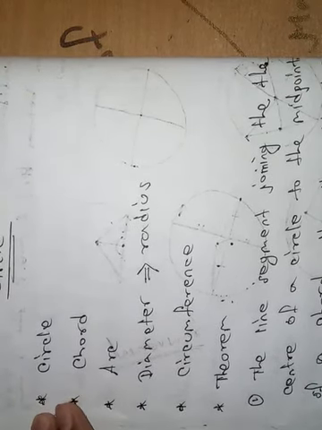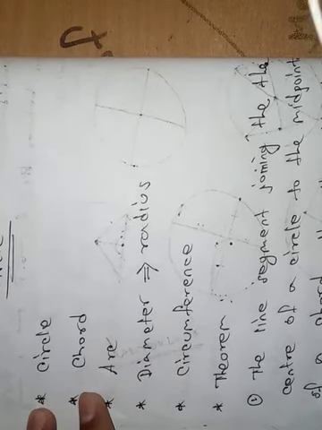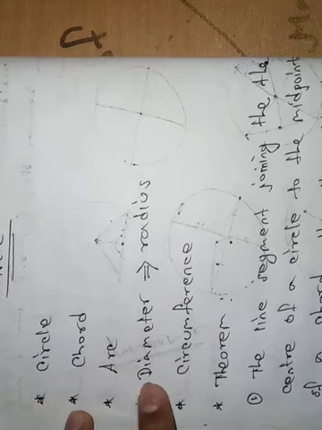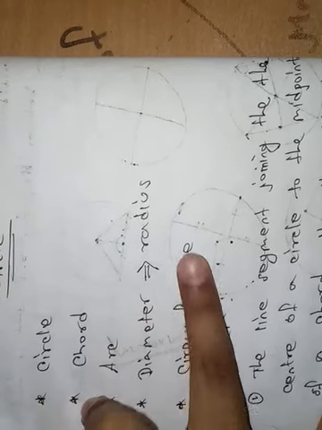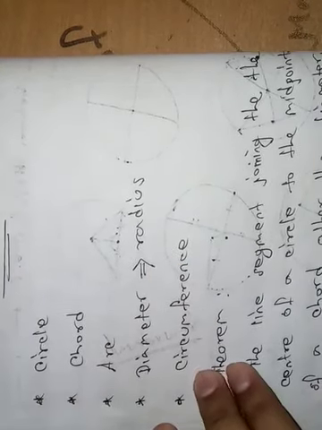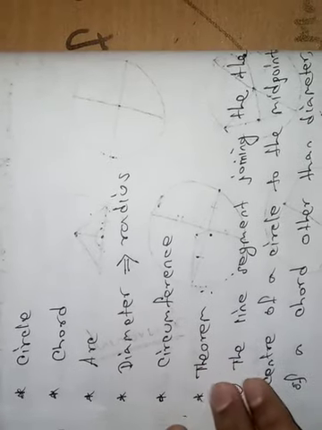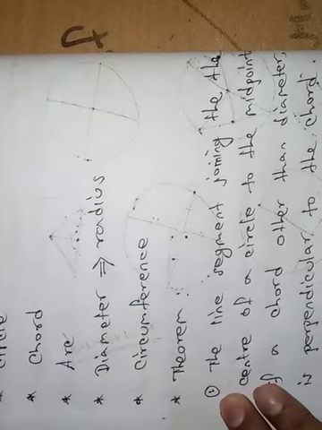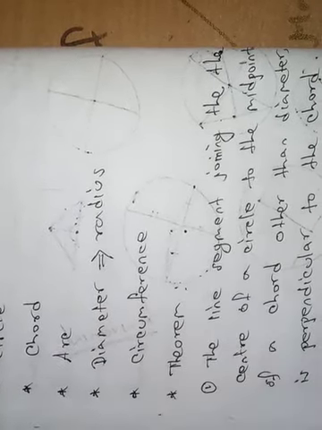We'll learn what is a circle, what is a chord, what is an arc, what is a diameter, what is a radius, what is circumference, and some theorems based on the circle. Let's get started.